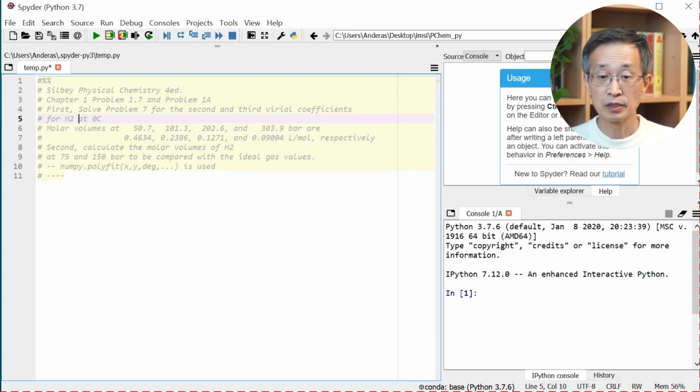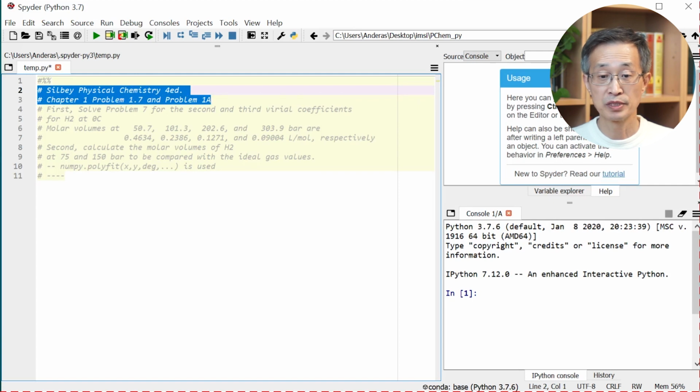What I wrote here is Silbey Physical Chemistry, 4th edition, chapter 1, problem 1.7 and 1a. So this is the code to solve this. Firstly, solve for the second and third virial coefficients for H2 at 0 degrees C, where molar volumes are given at such pressures.